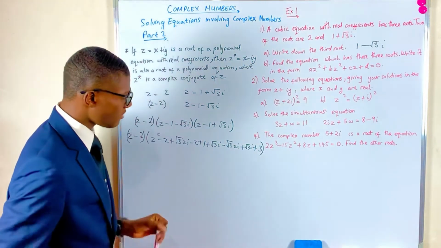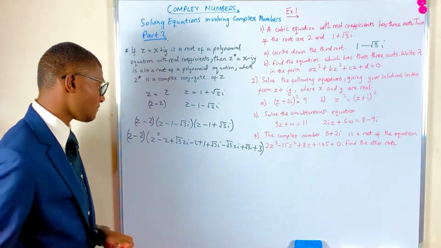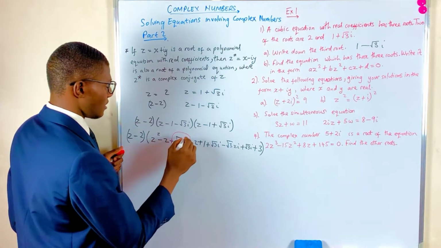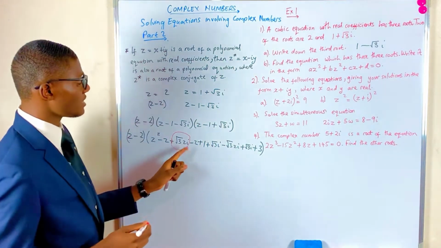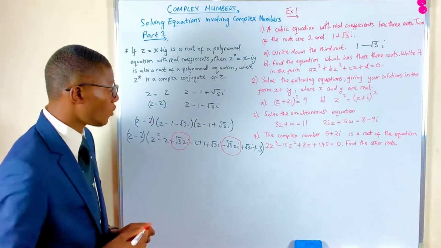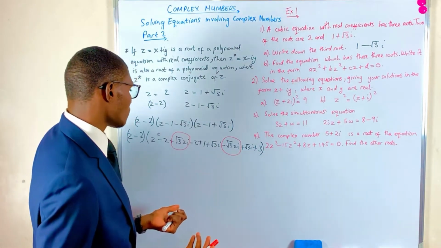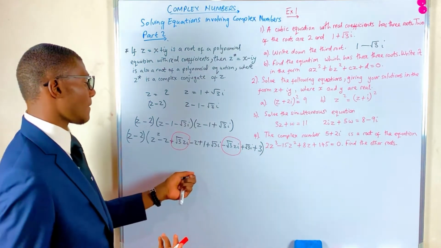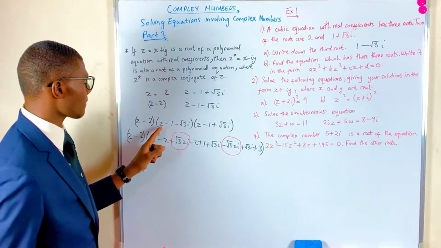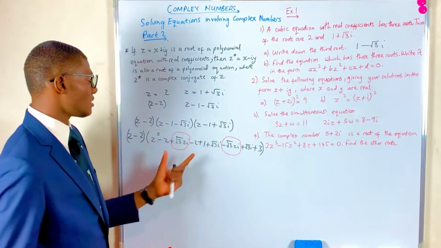Now if we group the like terms, we see that we've got plus root 3zi, then minus root 3zi. That will give us a 0. Let's cross check again. z times z is z squared, correct.